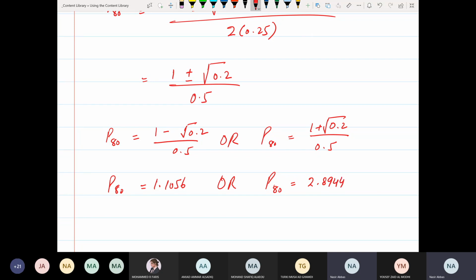Now the 80th percentile cannot be 2 values.